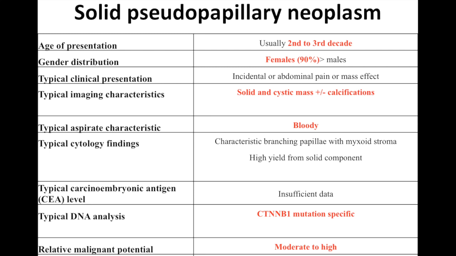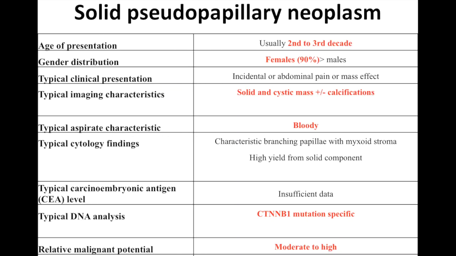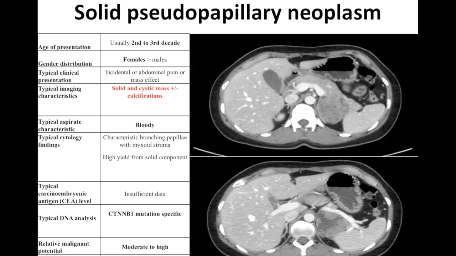Another distinguishing feature from mucinous cysts is that these lesions rarely communicate with the main duct. You can see some solid cystic lesions here depicting the cystic degeneration within the cyst. And we'll go over a few more of these.